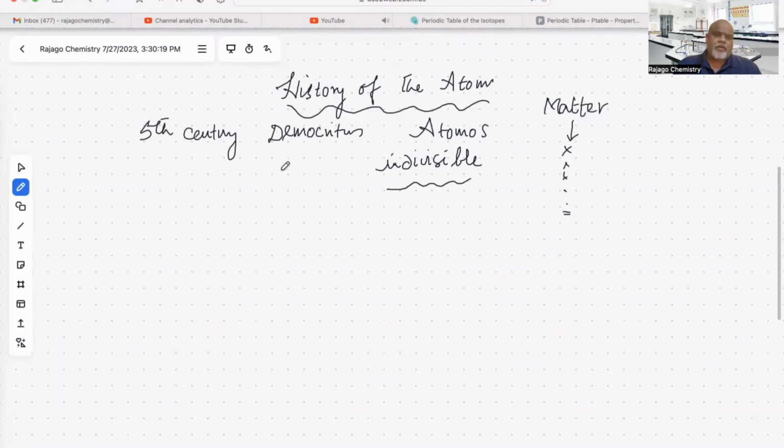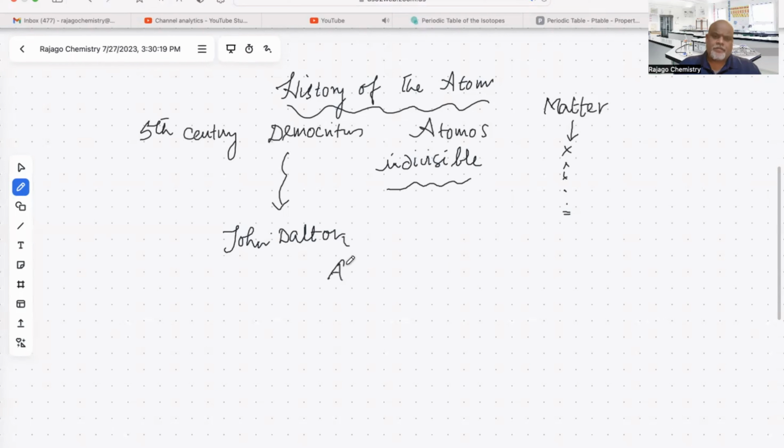And then that thought was taken further later on by John Dalton. And then the idea of the real atom came.